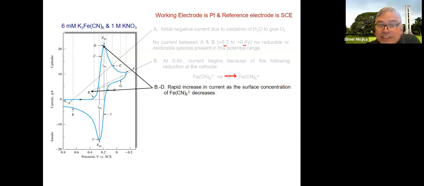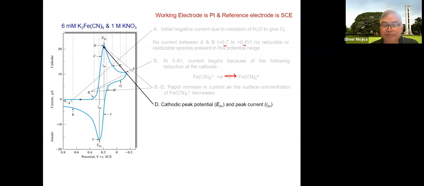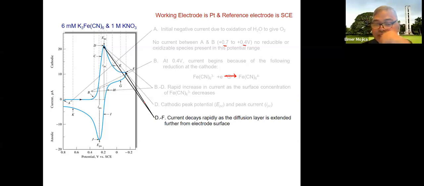The current increases as there is more of the material that is reduced. So this is from B going to D. D is the maximum peak current that you will be able to obtain. Now, once you get the cathodic peak potential and the peak current here, the highest point, it starts to decrease.